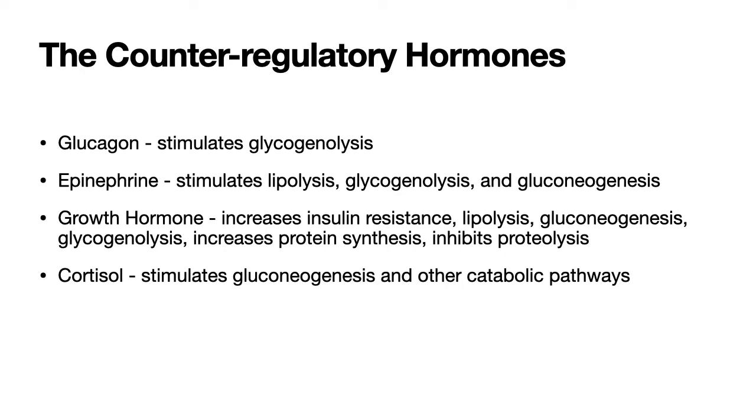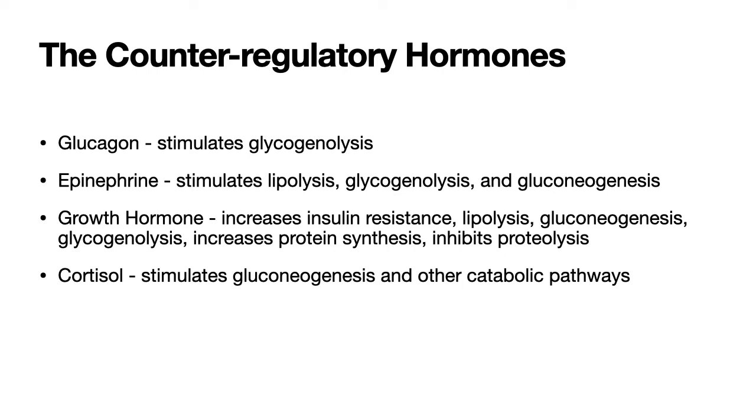Glycogenolysis is also stimulated by epinephrine. Gluconeogenesis, or the formation of glucose, is also facilitated by epinephrine. Glycogenolysis again and gluconeogenesis will cause an increase in the output of glucose by the liver.